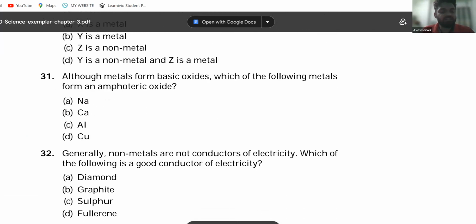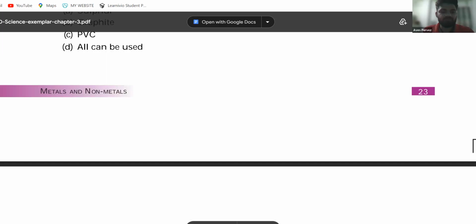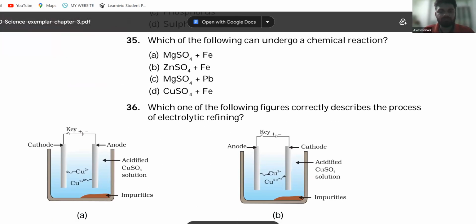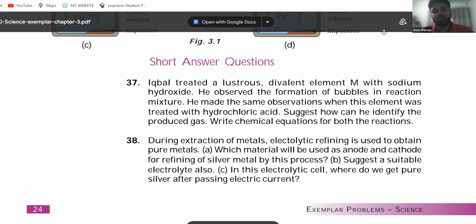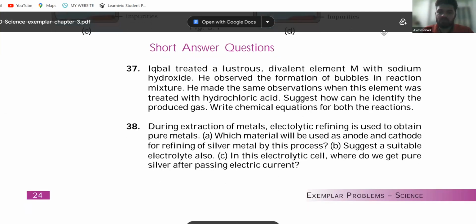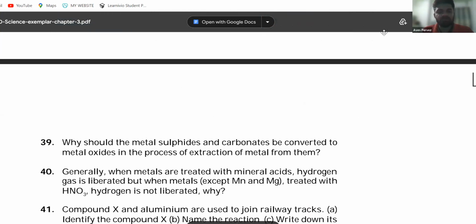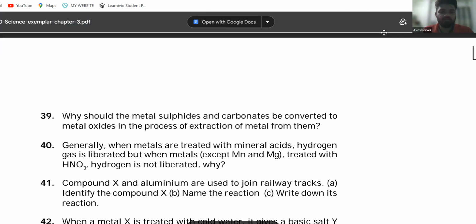This is a topic that we have studied a little bit of: calcination, roasting. Most of the questions are asked on electrolytic refining.